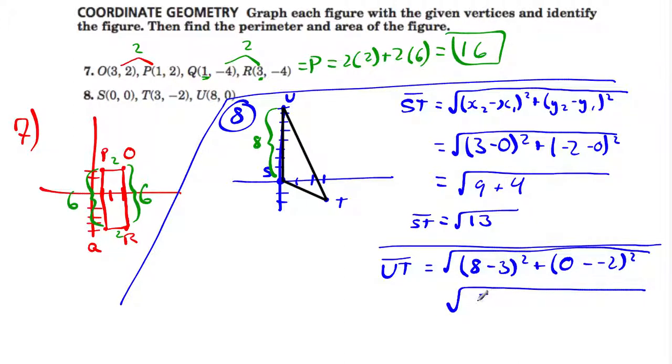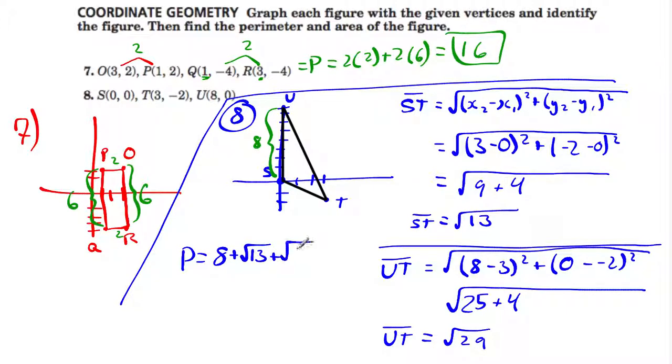So this is 5 squared, which is 25. 0 plus 2 is 2, times itself is 4. So we get that UT is equal to the square root of 29. So the perimeter would be 8 plus the square root of 13 plus the square root of 29.